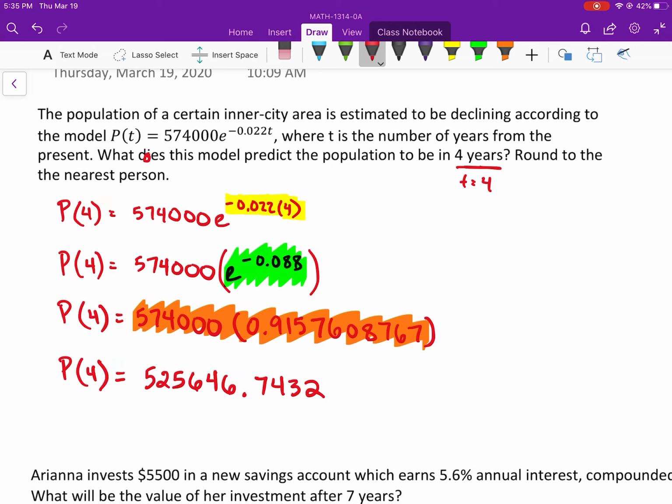So we have a partial person here, and no one wants to be a partial person. So do we go up or do we go down? The answer should be up, because the 7 is 5 or more, which is more than half. So the population after 4 years is going to be equal to 525,647 people, and that is my answer.